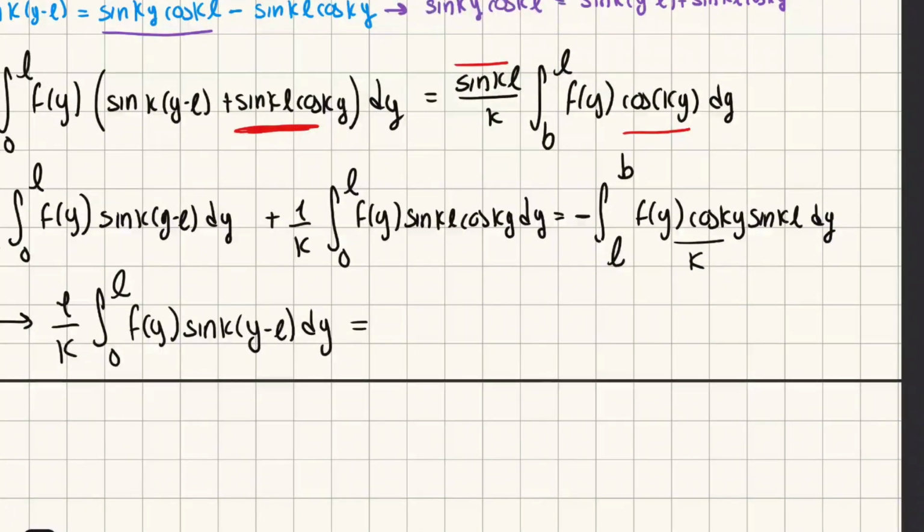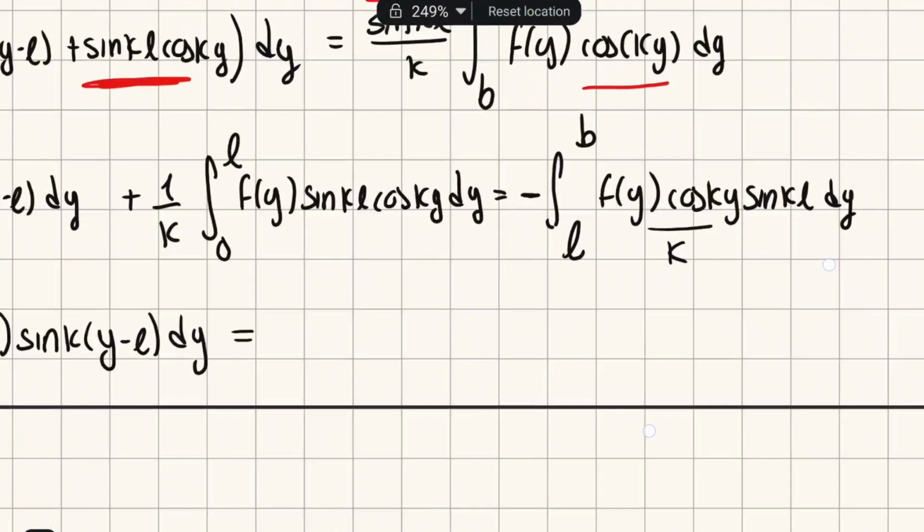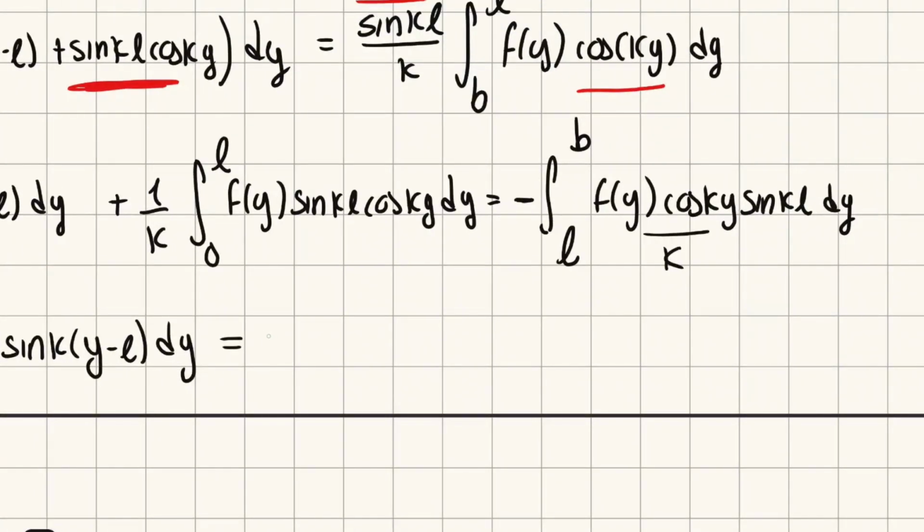Okay, so we will have a minus here, a 1 divided by k here as a common factor, and then we have the sum of an integral from 0 to L and the integral from L to b, we can combine that to be an integral from 0 to b, right?